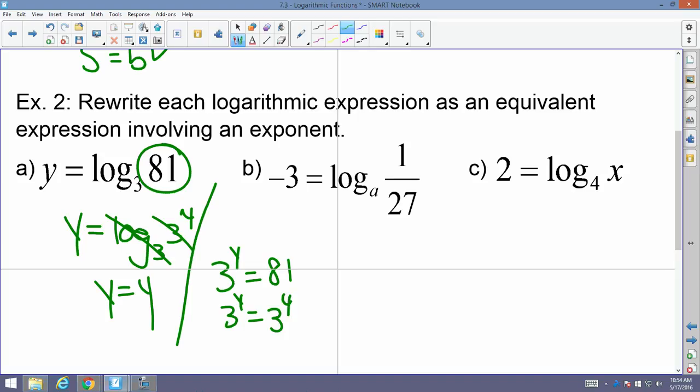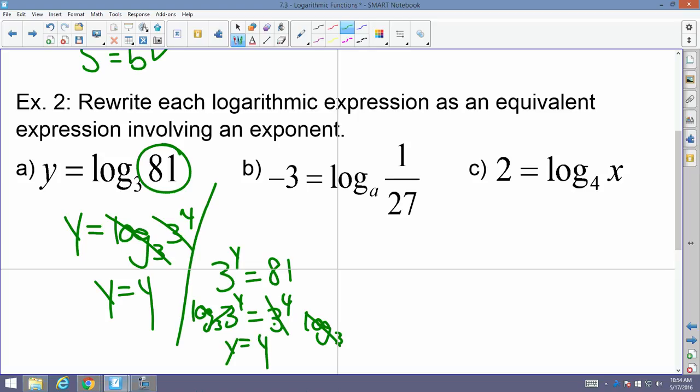Now, how do those bases magically disappear? They are the same, and I'm super proud of you. But what makes them disappear? Logging both sides to the base of 3. If I take this now and log base 3 to both sides, what's the log base 3 of 3?